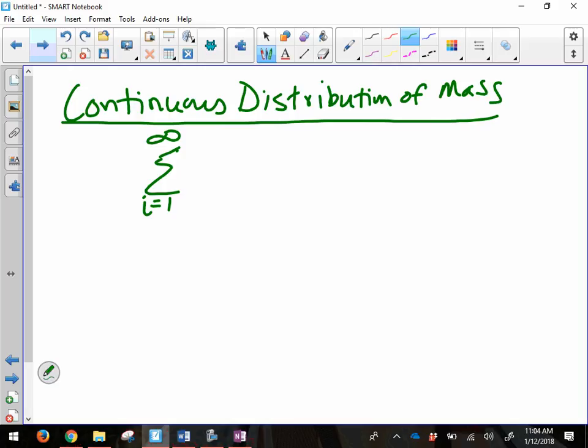And in the process of summing over an infinite number of things, in the process of taking my sphere and breaking it into an infinite number of pieces, each of those pieces becomes infinitely small. It's like dividing by infinity, which you can't really do. But if I keep breaking it into smaller and smaller pieces, eventually I'm going to have an infinite number of them, and they're all going to be infinitesimally small.